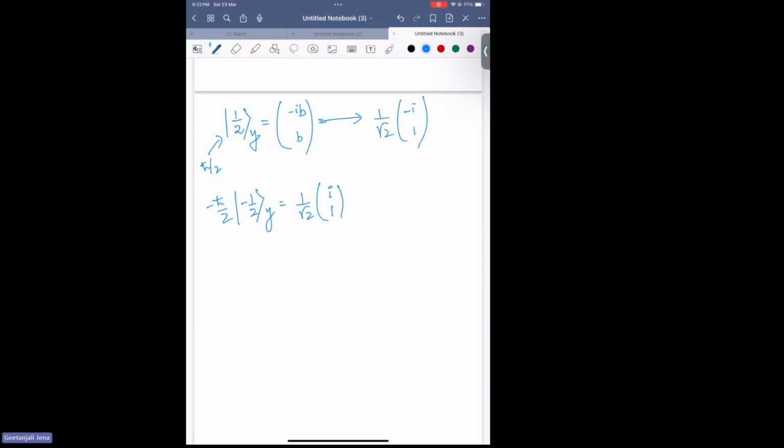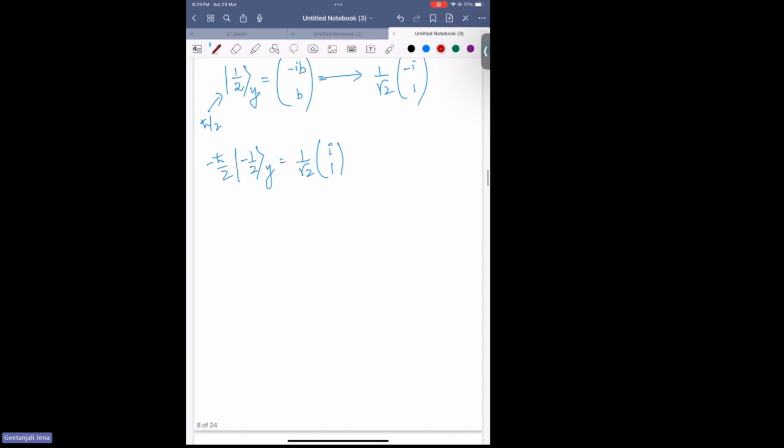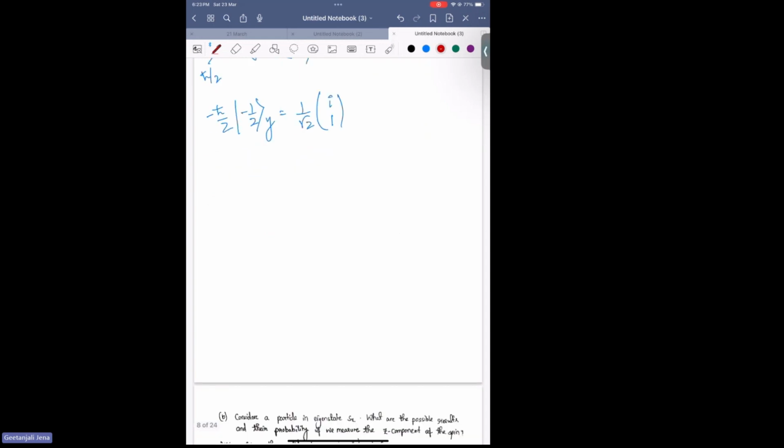Okay. So this is what you will get. Let me summarize what we have seen. For spin, we have the operators Sx, Sy, and Sz. The eigenvalues of these three, Sx, Sy, and Sz, are equal.